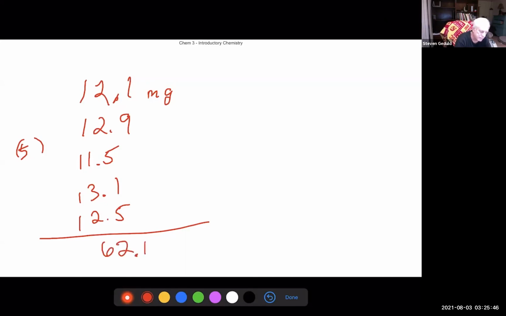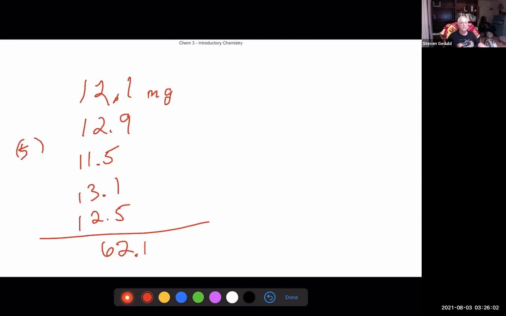Is that the right number of significant figures? Let me look at all these numbers.